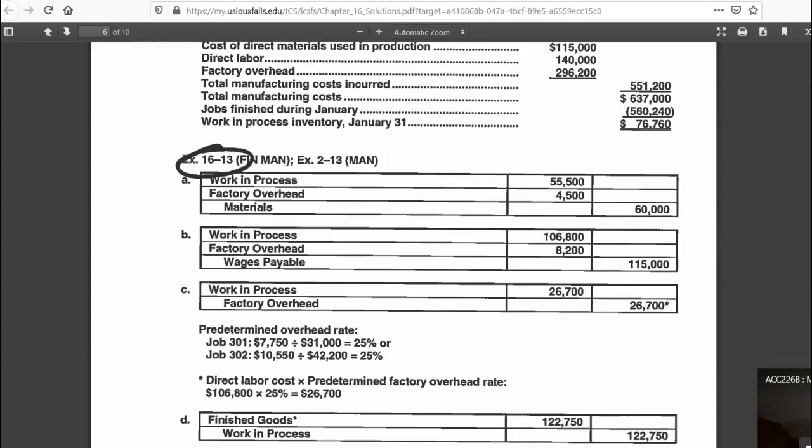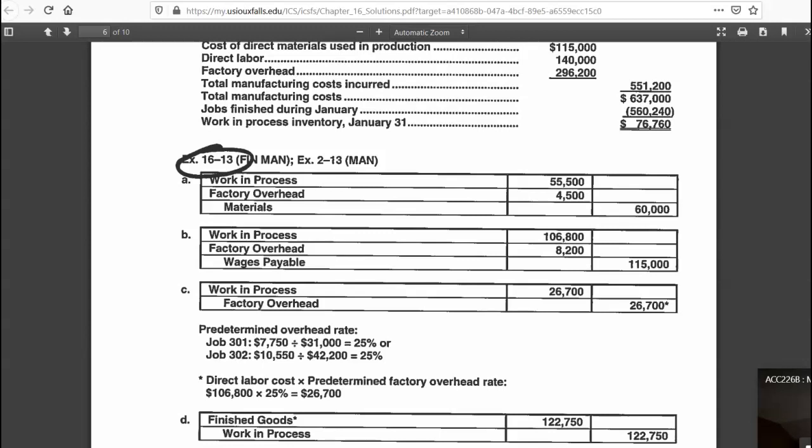Then for letter C, the entry is you add up all 4 overhead amounts, 7,750, 10,550, and then the two numbers that we just added, 4,125, 4,275. That's 26,700.